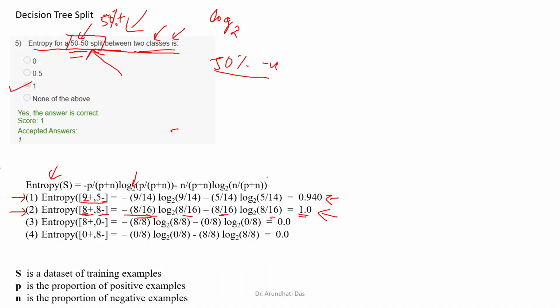Now we can also use the same formula if I don't know exactly the total number of samples, but I know that 50% is positive and 50% is negative.